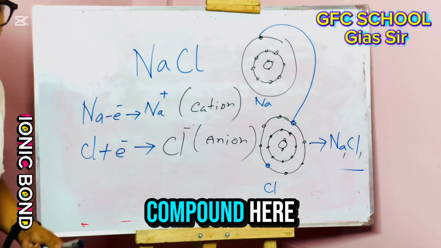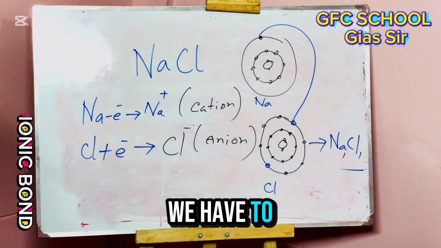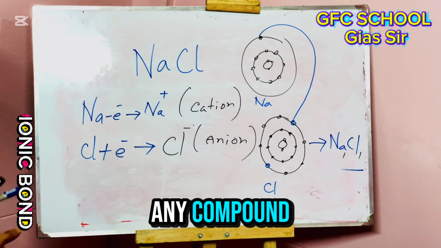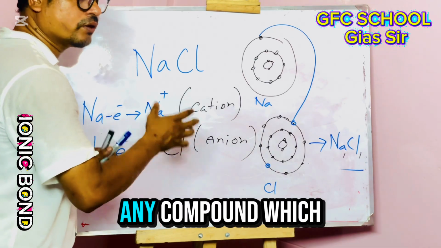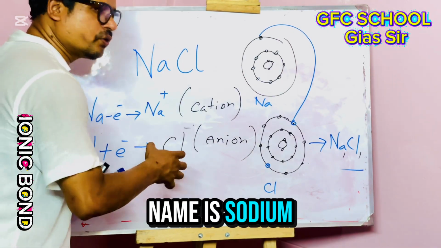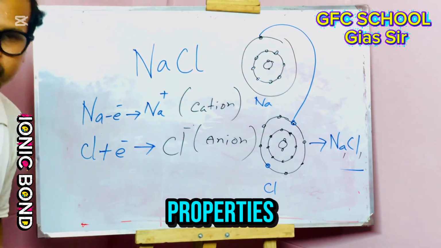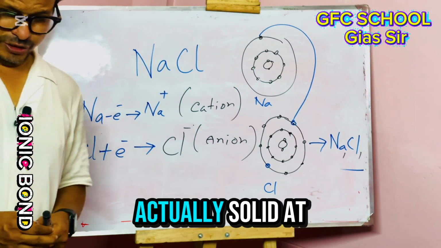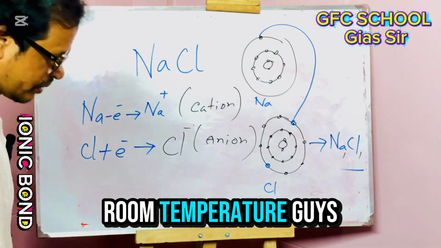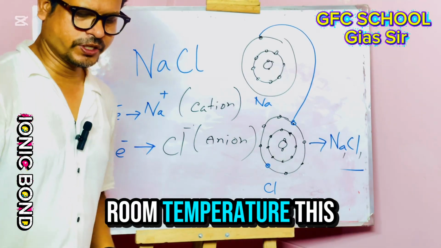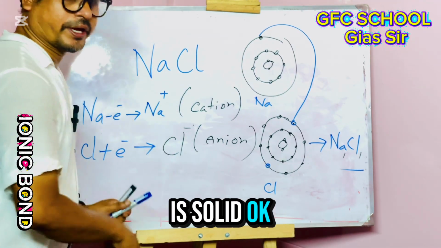Properties of ionic compounds. Here, one point we have to understand: properties of ionic compounds. This is the ionic compound, whose name is sodium chloride. It has some properties. Which are those? Actually, it is solid at room temperature. Guys, you know, at room temperature, this is solid. Okay, sodium chloride.